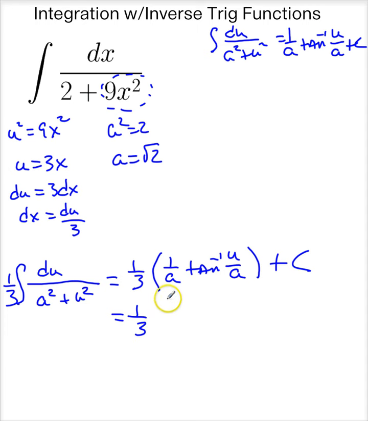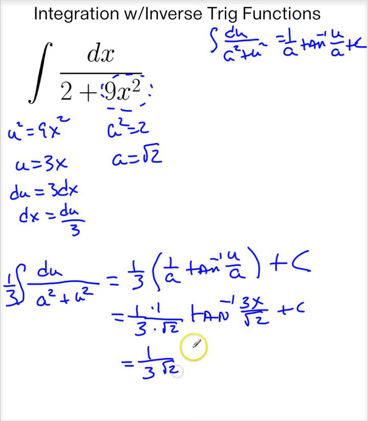A is the square root of 2, so this is 1 over the square root of 2 times the inverse tangent of u, and u is 3x, divided by the square root of 2 plus c. So my answer is 1 over 3 square roots of 2 times the inverse tangent of 3x divided by the square root of 2.